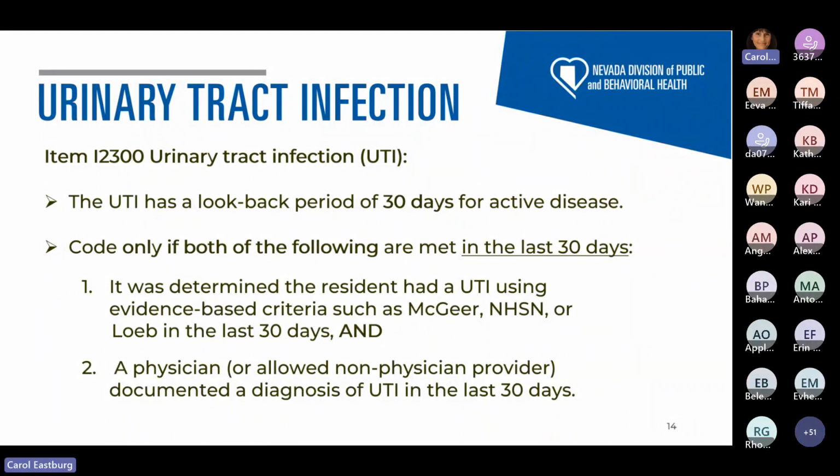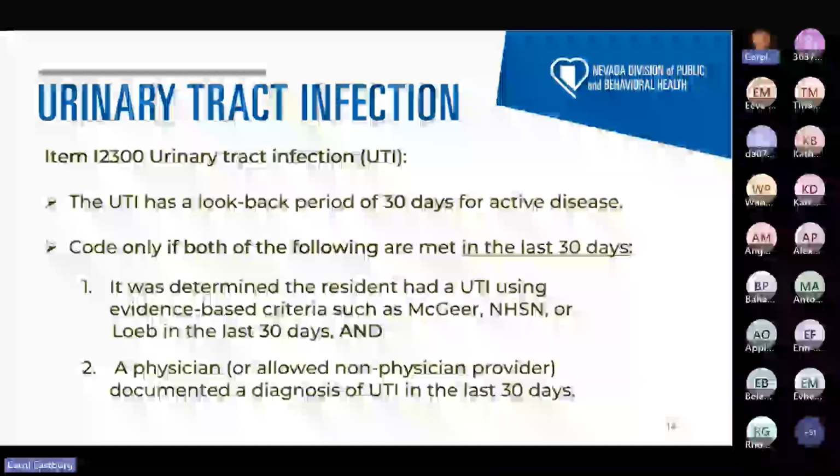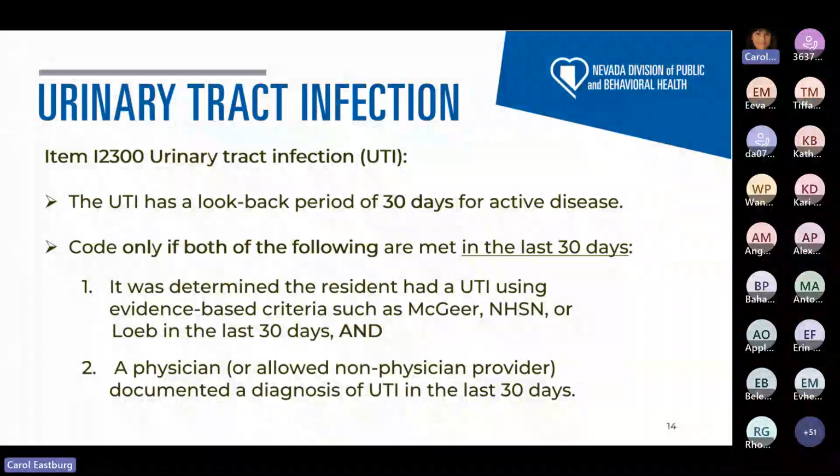Remember, you will need evidence that both criteria are met in order to code a UTI as an active diagnosis. Please see the RAI user manual beginning at page 355, about the third down the page, for complete guidance regarding UTIs. There is a lot.